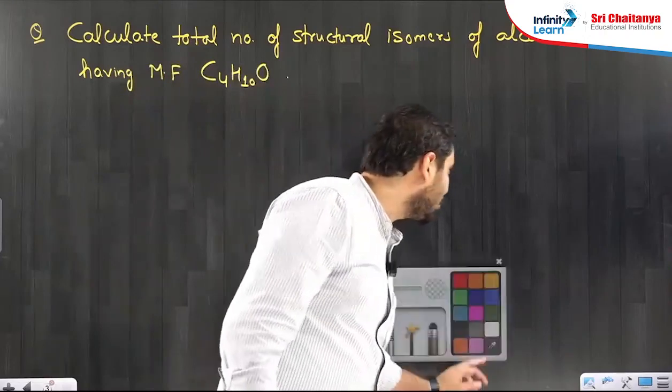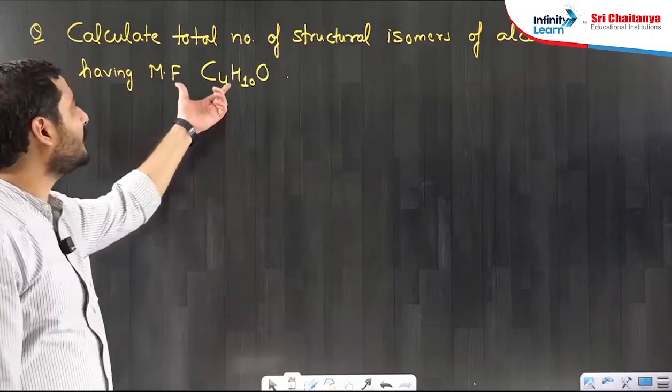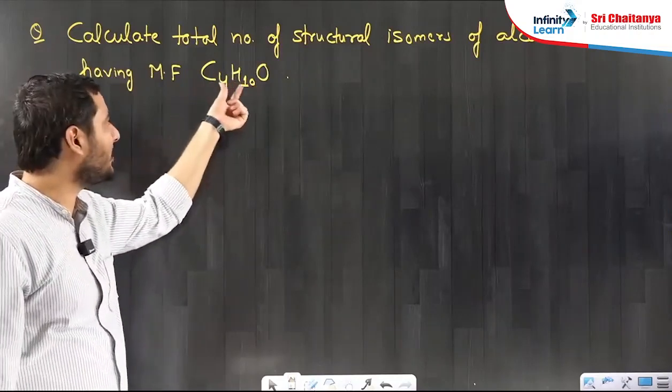We have to find the total number of structural isomers of alcohol whose molecular formula is C4H10O. Now we know how to solve these questions.